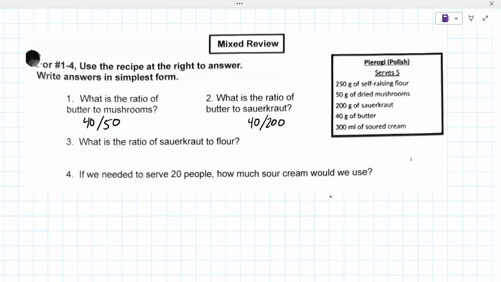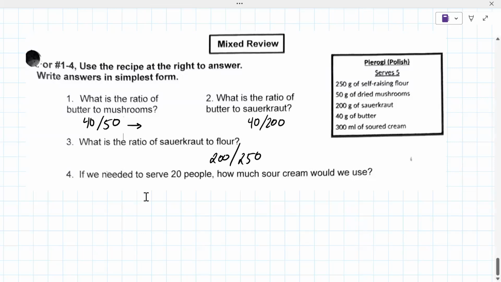And then 200 to 250. Are you reducing any of these? I'm just going through them and then I'm gonna reduce them after. Okay, good, good. I like that.